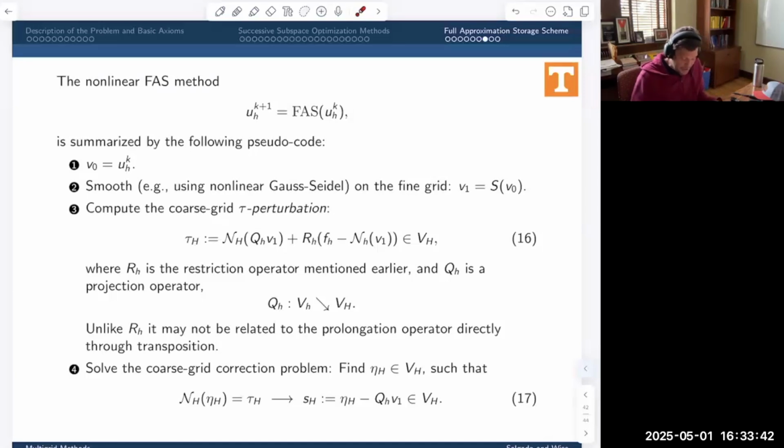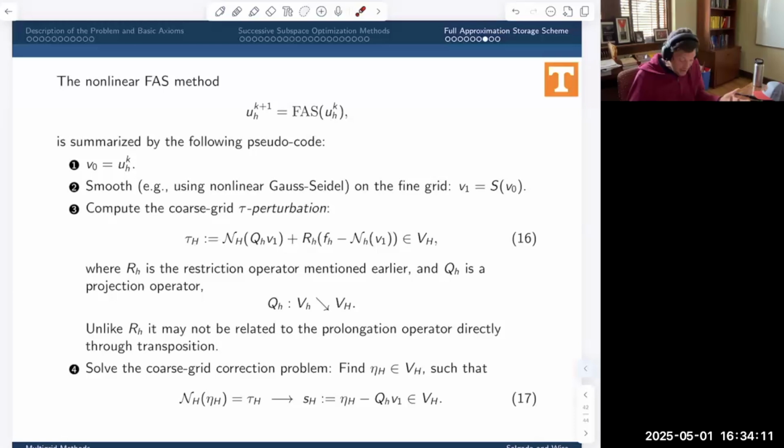So the tau perturbation has built into it something which was in the two-grid method, where we're restricting the residual down to the coarse grid. So that part there is kind of similar. This object here is still called the residual.